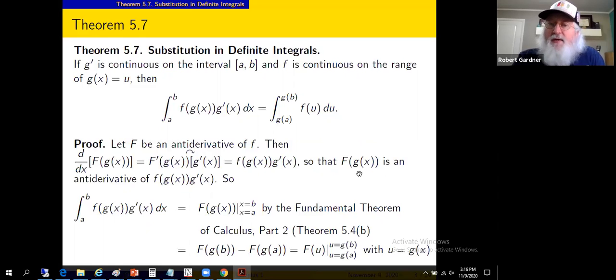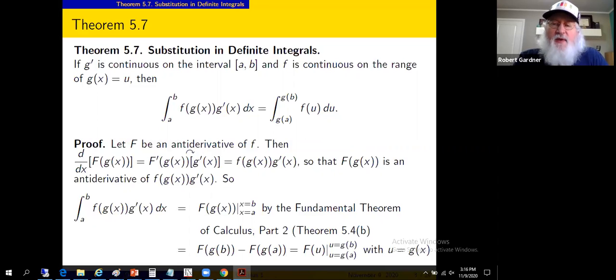Well, here's one right here, F(g(x)), and we'll evaluate that from a to b. We found an antiderivative. We're taking the antiderivative and evaluating it at the bounds as told to do by the fundamental theorem of calculus, part 2. Substitute in the a and b, we get F(g(b)) minus F(g(a)). That's F(u) evaluated from a lower bound of g(a) to an upper bound g(b). Can't argue with that.